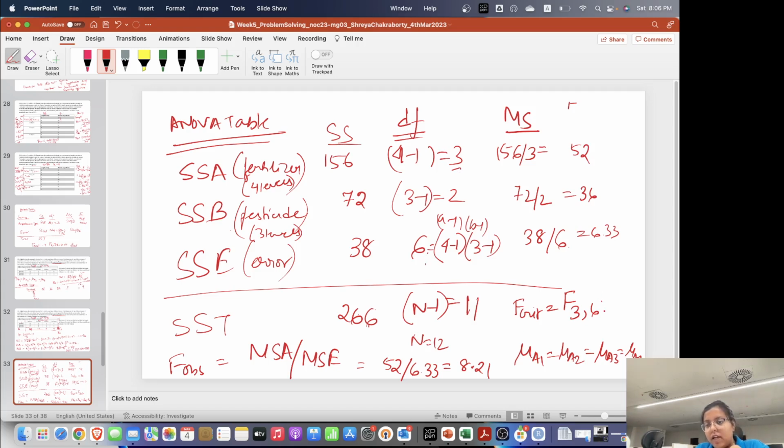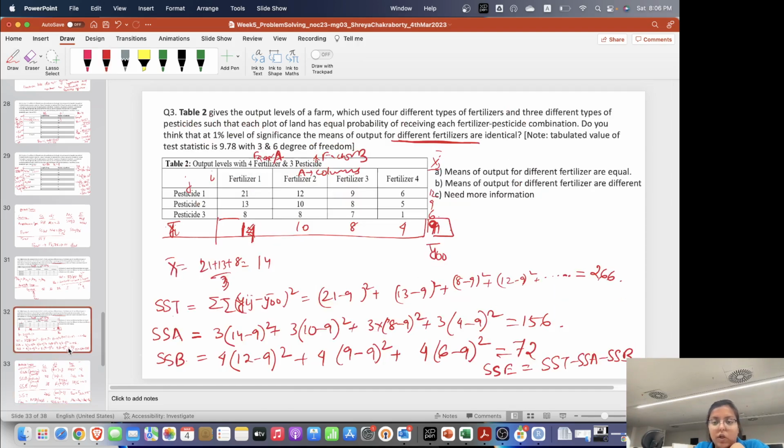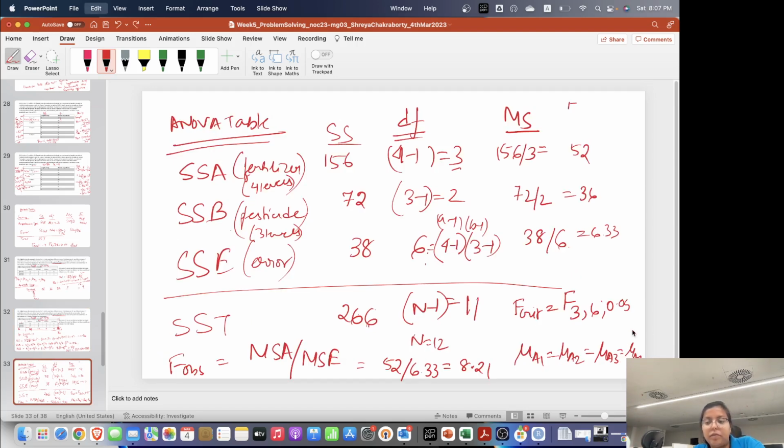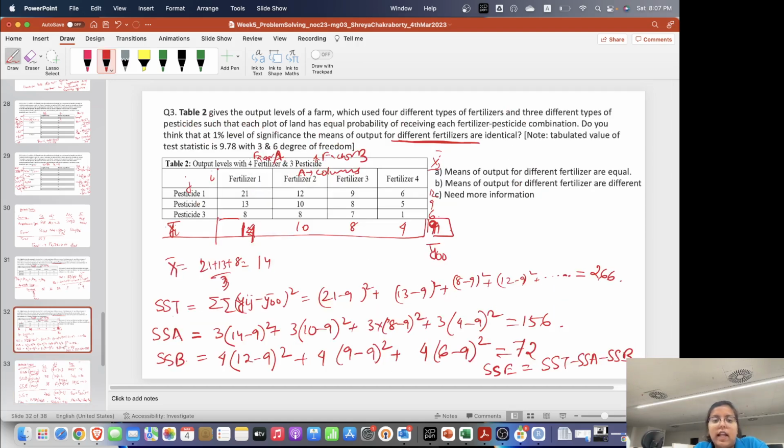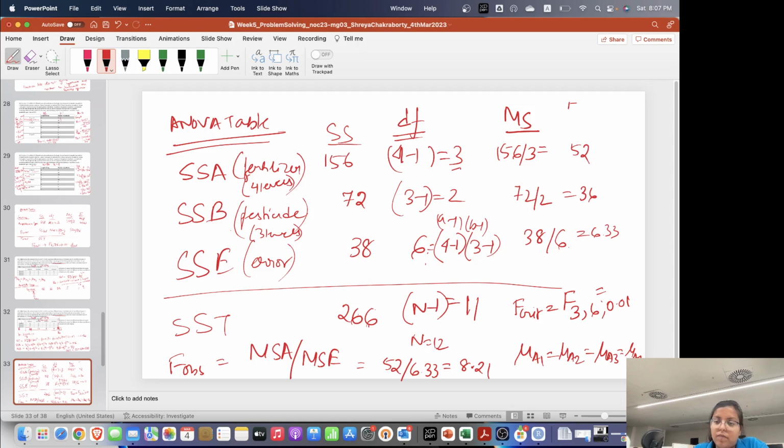Numerator by denominator DF and the alpha level of significance, whatever it is. So here, it has been given that at 1% level of significance, that is 0.01, this is given as 9.78.